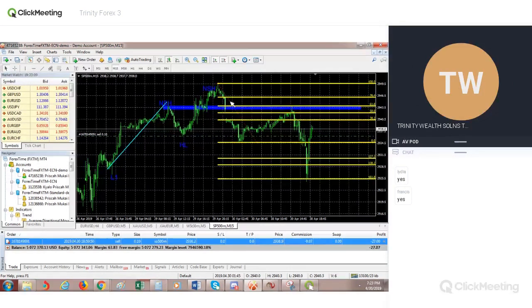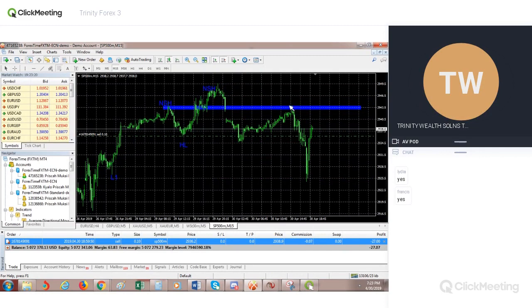So now that the market is moving down, once the market makes a new structure low here, we draw another Fibonacci, okay? There you go.